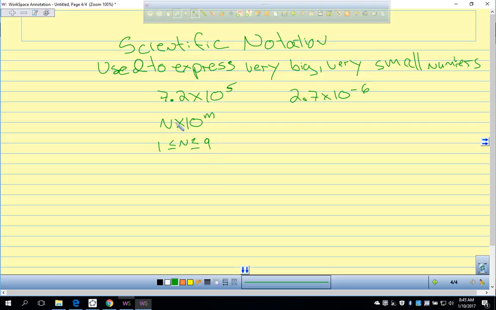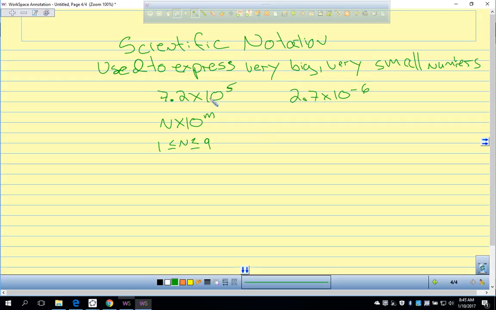So it can't be a number bigger than 9, and it has to be bigger than or equal to 1 and less than or equal to 9.